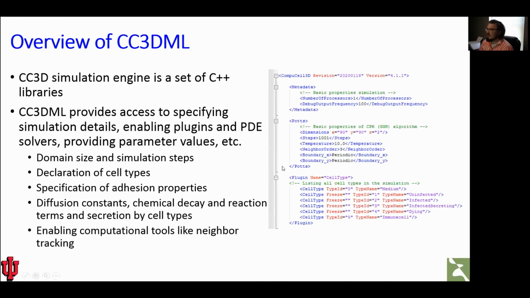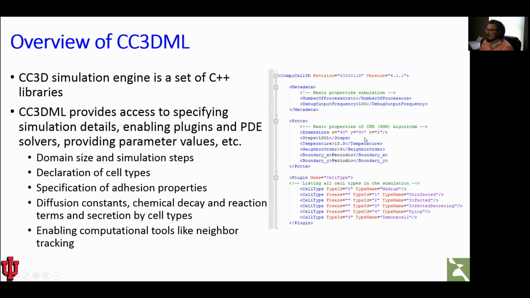Now, CC3D ML looks like this to the right. Again, we won't be working in this today, but just so that it looks familiar, this is an XML specification of some system configuration items, setting up the number of simulation steps and the dimensions of a lattice.